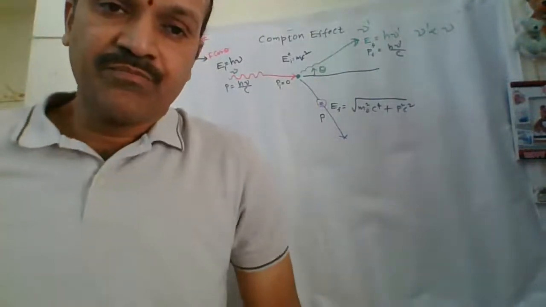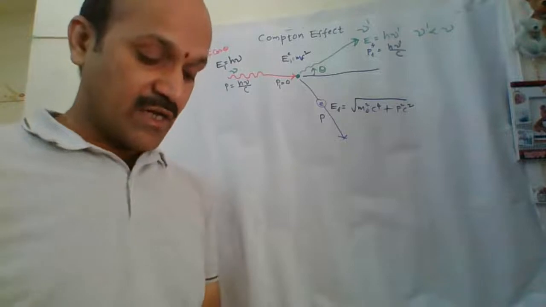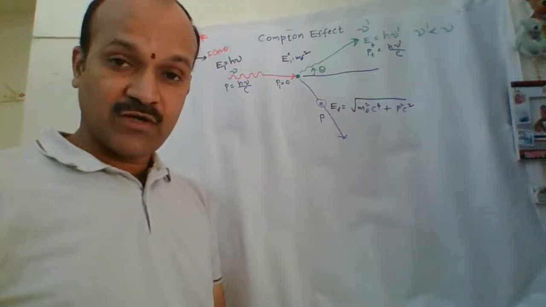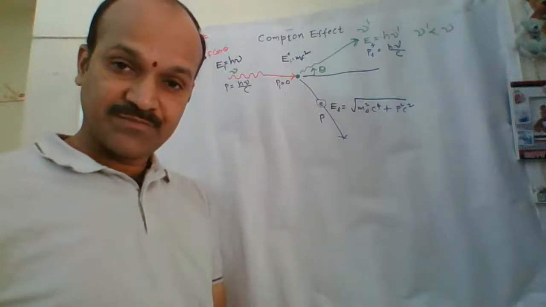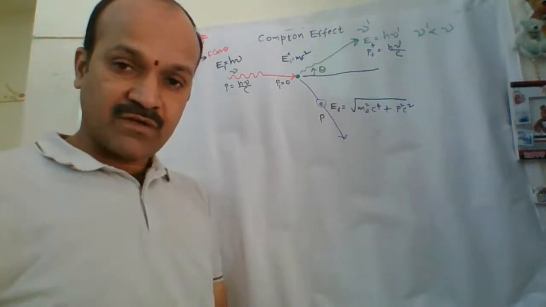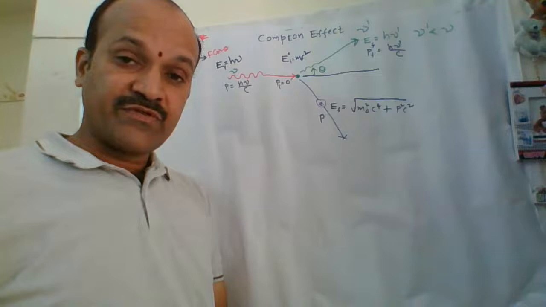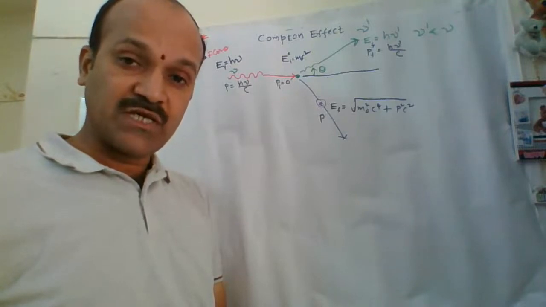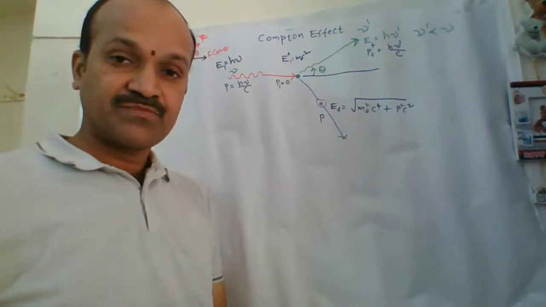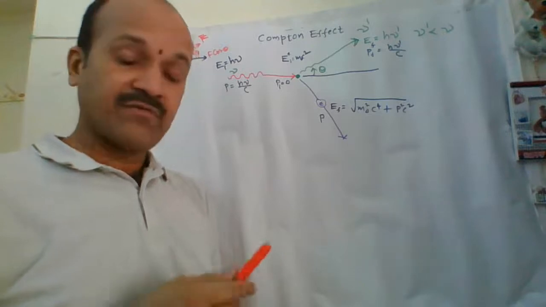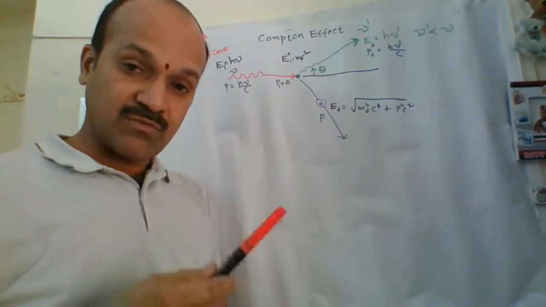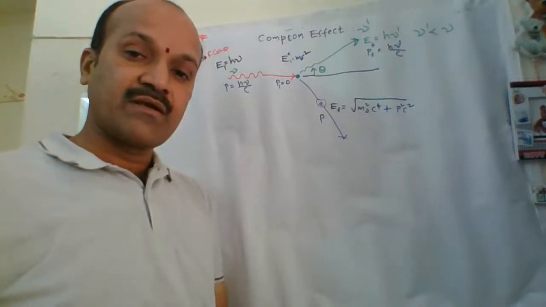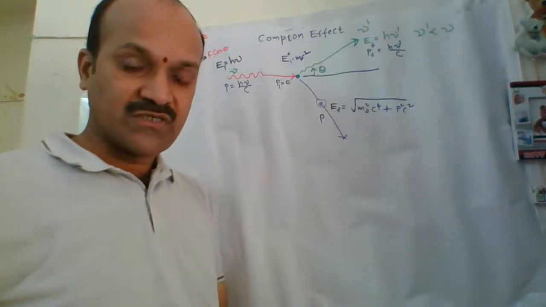Is it clear? Initial energy of the photon is h nu and momentum is h nu by c. After collision, energy of the photon is h nu dash and momentum is h nu dash by c. Similarly for the electron, before collision the energy is m naught c square and momentum is 0 because it is at rest.